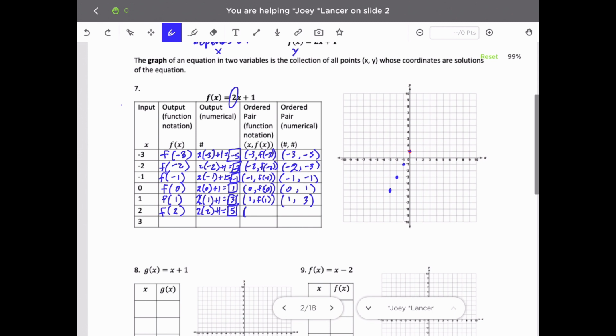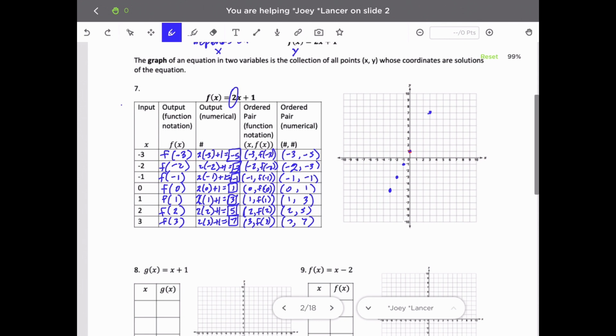So the ordered pair would be 2 comma f of 2, and then numerically 2 comma 5. F of 3 is 2 times 3 plus 1, which equals 7. The ordered pair is 3, f of 3, or 3 comma 7.